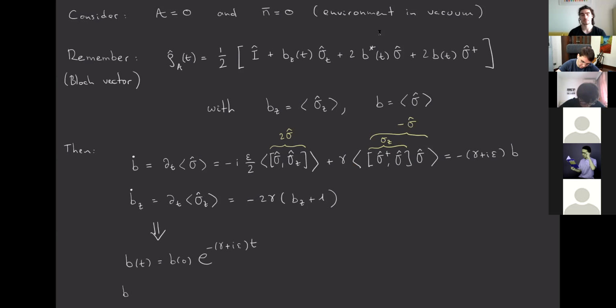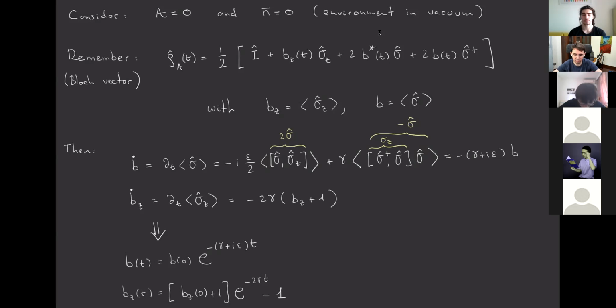And then b_z(t) is equal to b_z(0) plus 1 times exponential of minus 2 gamma t, minus 1. Okay? So you can solve these equations very trivially. These are just linear equations. We have done it already a few times. And this is the solution that you get.